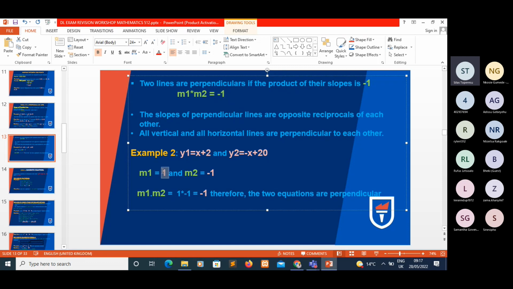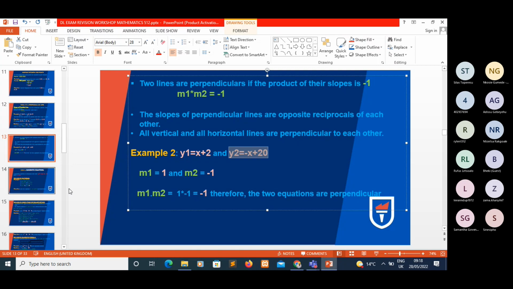So 1 times -1 gives -1. Once I'm getting -1 as a result, I can conclude that this equation and this equation are perpendicular to each other. Why are they perpendicular? Because when I multiply their slopes together, they give me the result of -1. That's how you determine whether two equations are perpendicular.